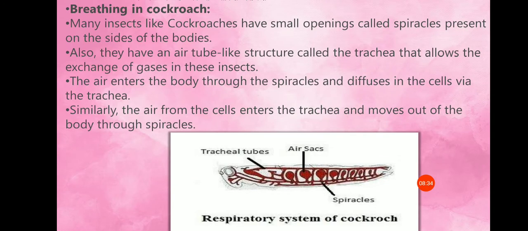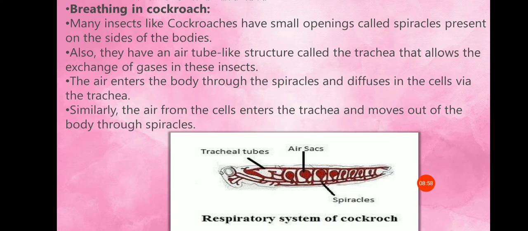Now breathing in cockroach. Many insects like cockroach have small openings called spiracles present on the sides of their bodies. Also, they have air tube-like structures called trachea that allow the exchange of gases in these insects.